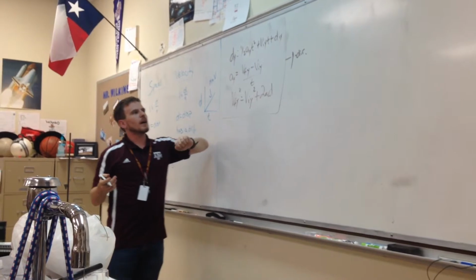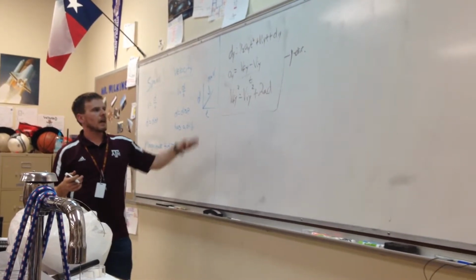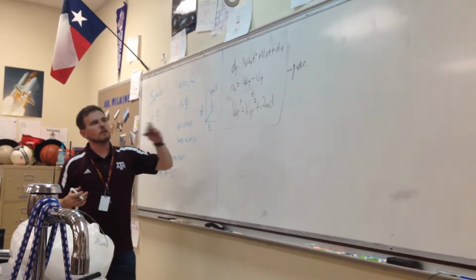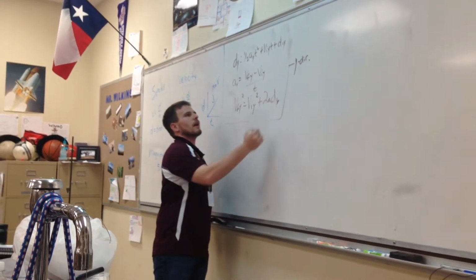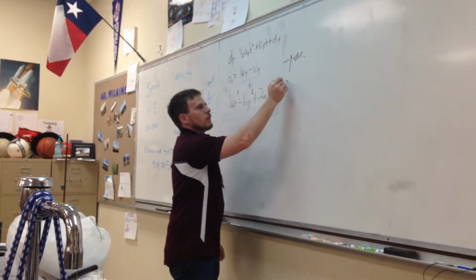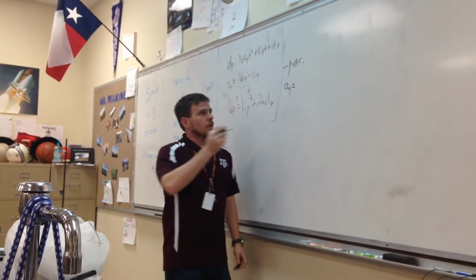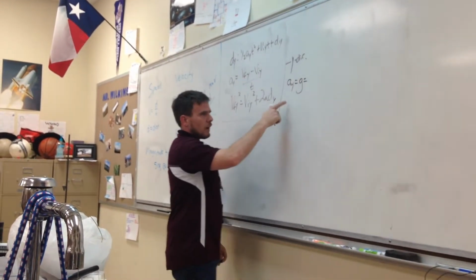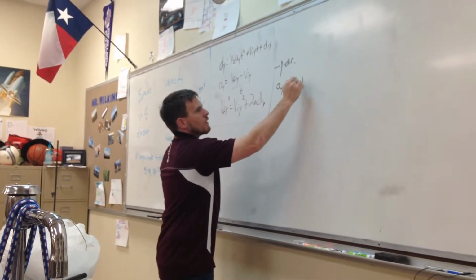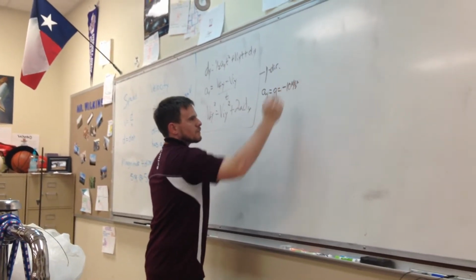Acceleration of the y equals vfy minus viy divided by time, and vfy squared equals viy squared plus 2ad in the y. What is the acceleration in the y? What is it? Negative 10. So the acceleration of the y is also g, and it's negative 10 meters per second squared.